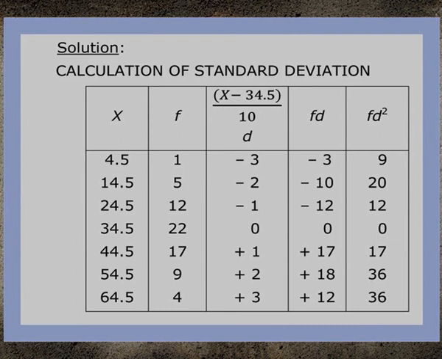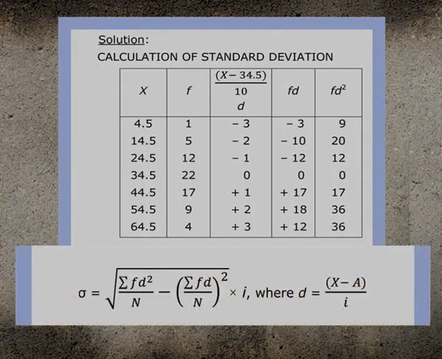That is equal to small d. Then we have fd column. Then the last one we have fd square. So we are applying the formula sigma is equal to under root of sigma fd square divided by capital N minus sigma fd by N whole square, into i. So again, where d is equal to x minus a by i.